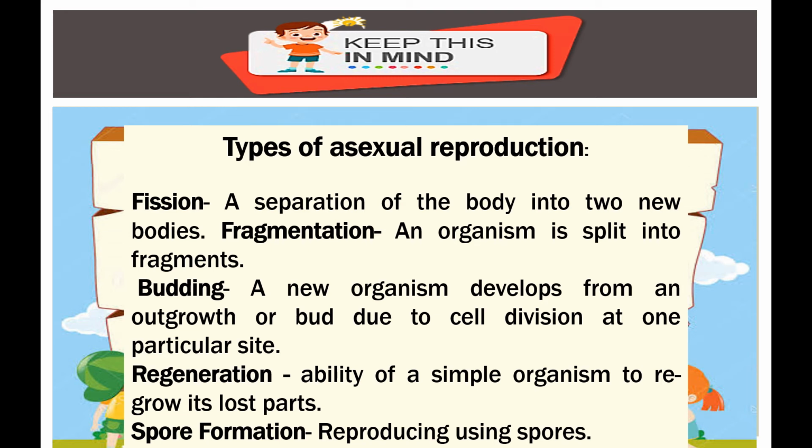Budding, a new organism develops from an outgrowth or bud due to cell division at one particular site. Regeneration, ability of a simple organism to regrow its lost parts. Spore formation, reproducing using spores.